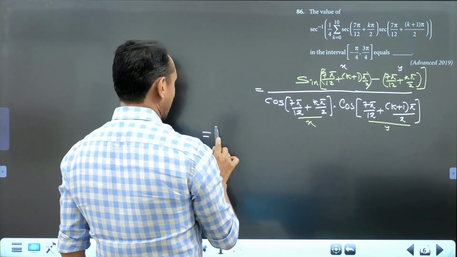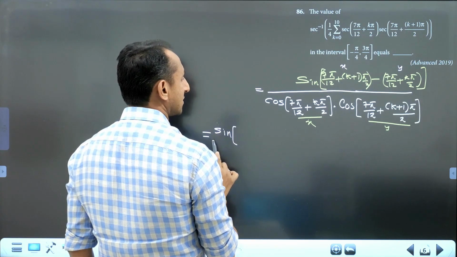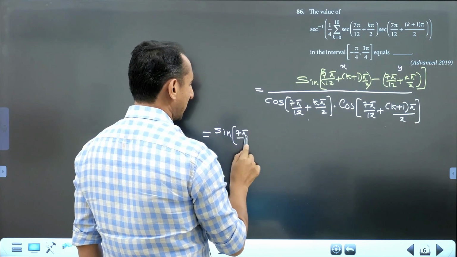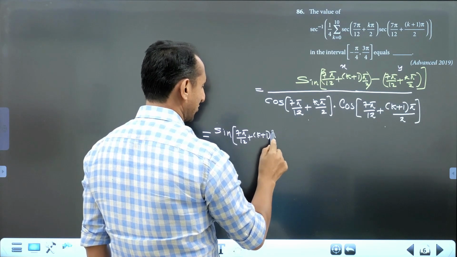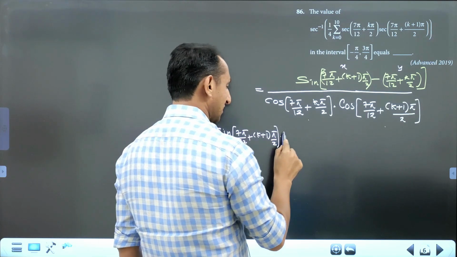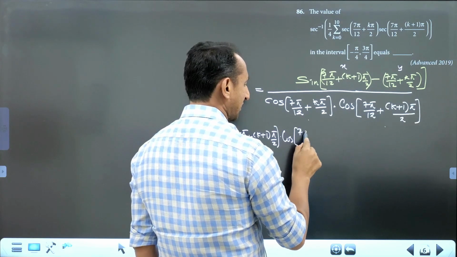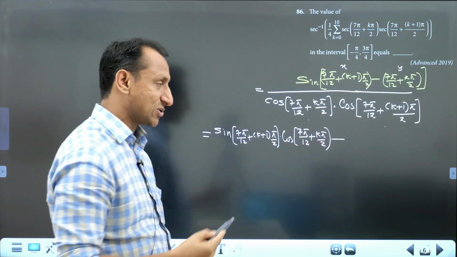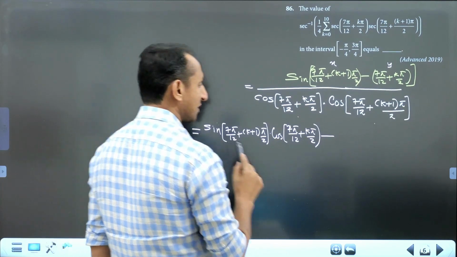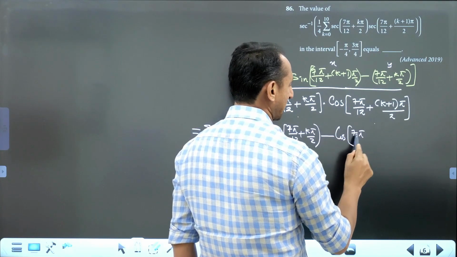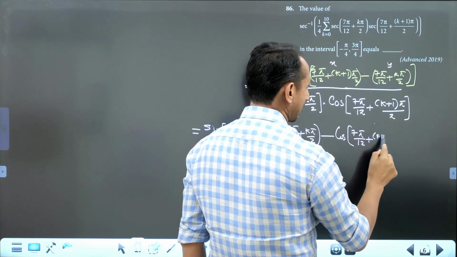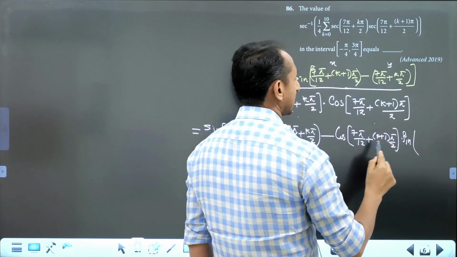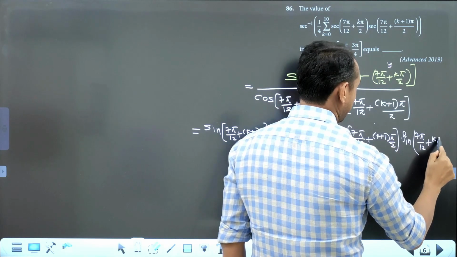So it is sin(7 pi by 12 plus (k plus 1) into pi by 2) into cos(7 pi by 12 plus k pi by 2), minus cos(7 pi by 12 plus (k plus 1) into pi by 2) into sin(7 pi by 12 plus k pi by 2).